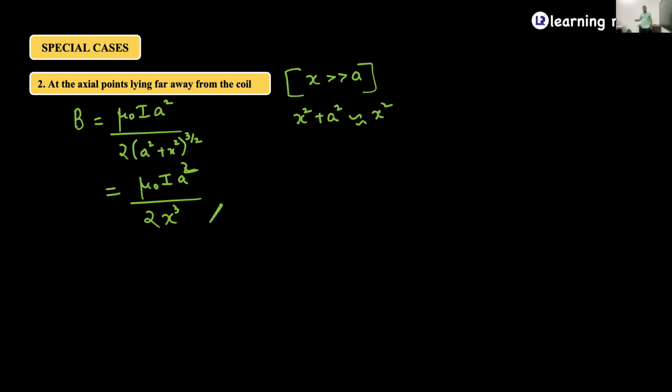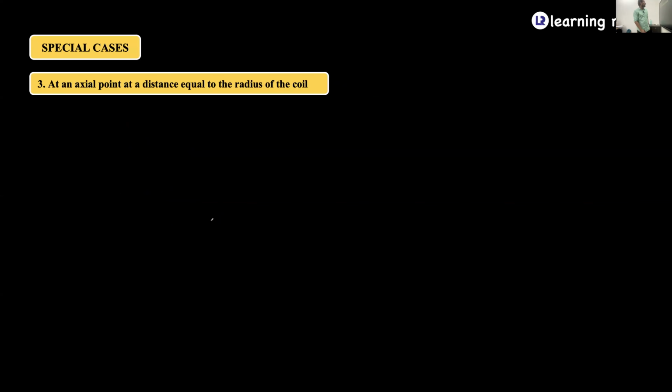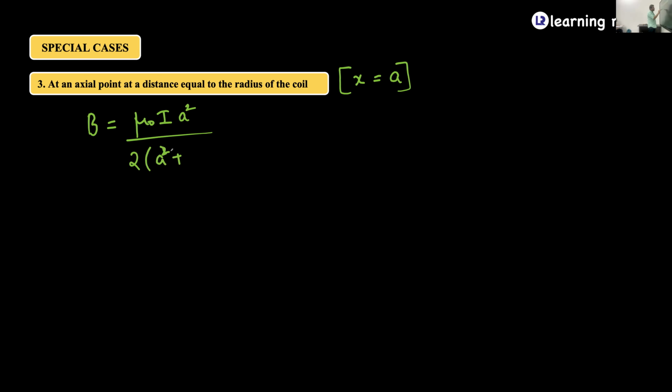And the third point is, at an axial point which is exactly at a distance equal to the radius, meaning x is equal to a. When x is equal to a, B is written as mu naught I a square divided by 2 into (a square plus x square) the whole power 3 by 2.